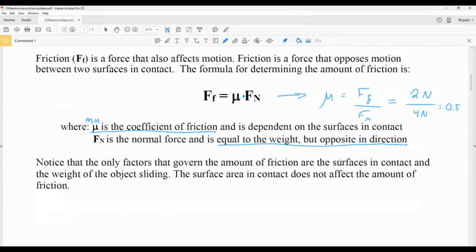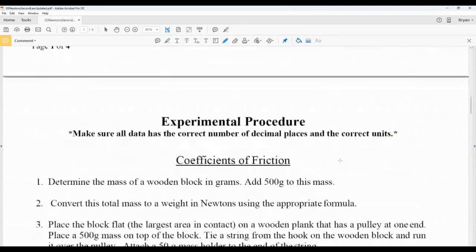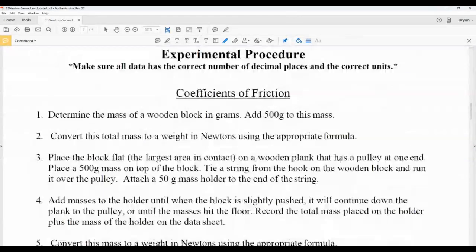Okay, so with this lab, we would want to first find the mass of a wooden block. And the wooden block is usually between like 50 and 70 grams. It'll vary a little bit.